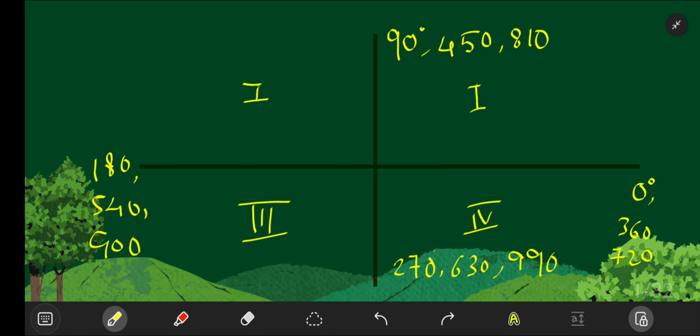Now, in first quadrant, all trigonometric functions are positive.